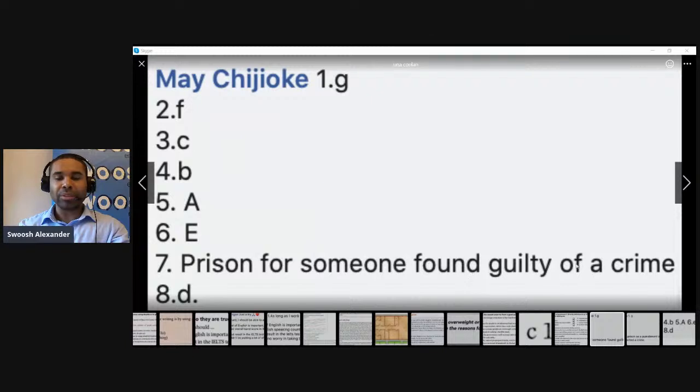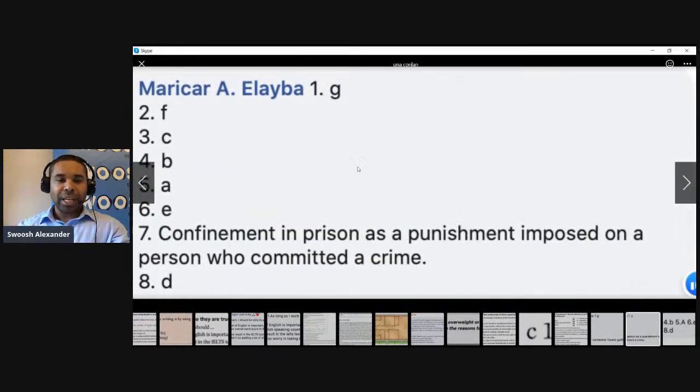Prison for someone found guilty of a crime. Okay, the thing is, we don't want to repeat the words from the original item in the definition. So prison sentence, saying prison, what exactly is a prison? So it definitely involves someone found guilty of a crime, but what exactly happens when that person goes to prison? So thanks for that suggestion, May, but just a little bit more detail is needed.